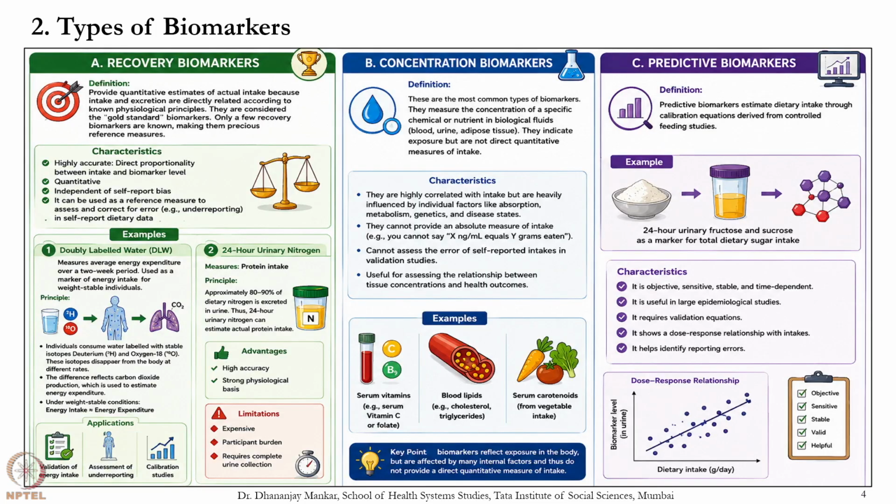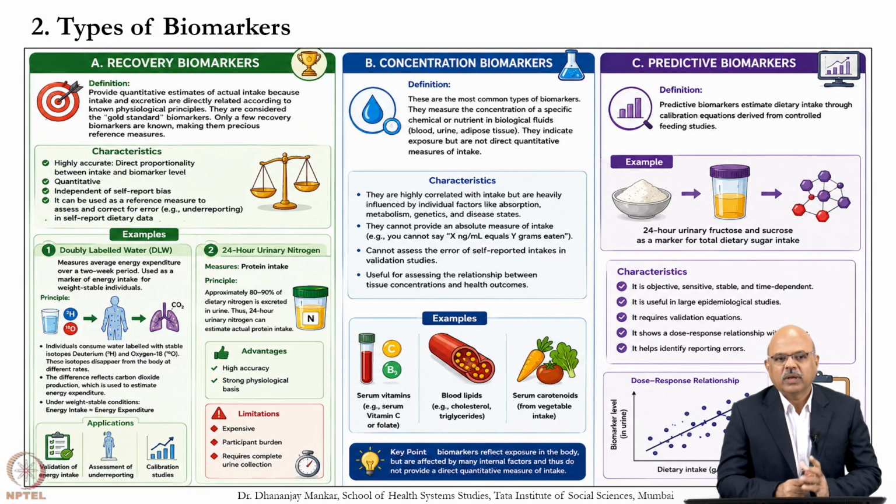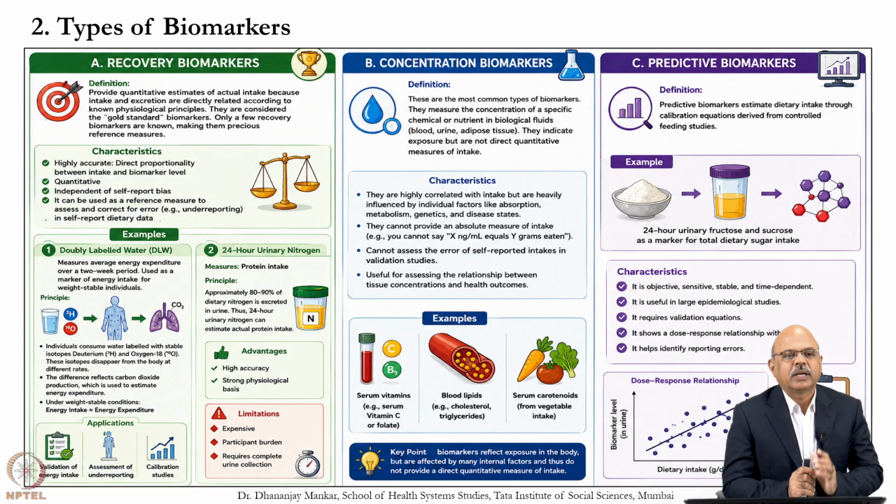What are the types of biomarkers? You can say recovery biomarkers, concentration biomarkers and predictive biomarkers. These are the major three types. Recovery biomarkers provide quantitative estimates of actual intake because intake and excretion are directly related according to physiological principles.